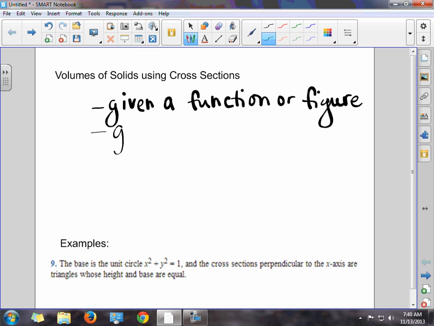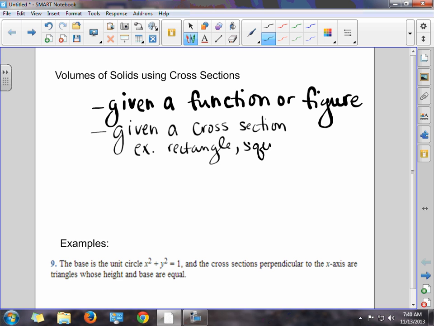You're also given a cross section. And so this is going to be some figure, maybe for example a rectangle or a square, and so forth.